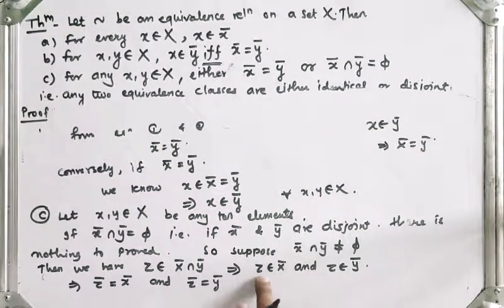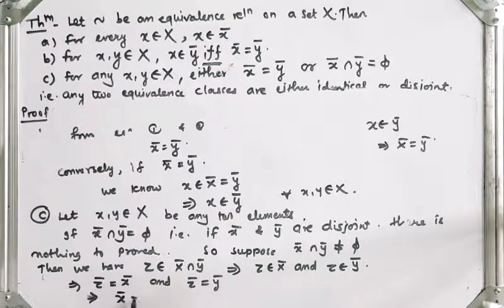Here I take z belongs to x bar means z bar is equal to x bar, and z belongs to y bar means z bar is equal to y bar. So after substituting the value of z bar in both equations, what is the value of z bar? z bar is equal to y bar in these two equations. So z bar is nothing but y bar.